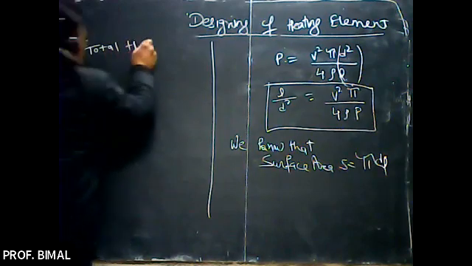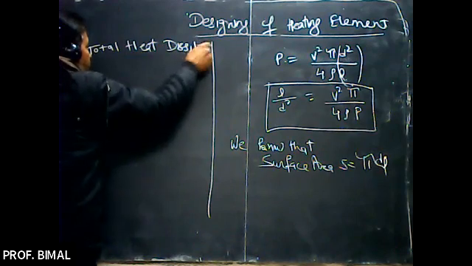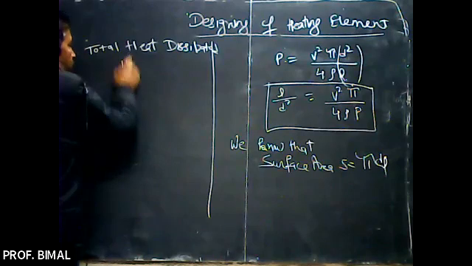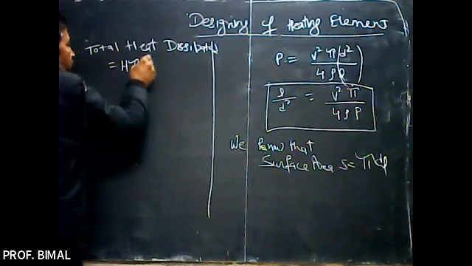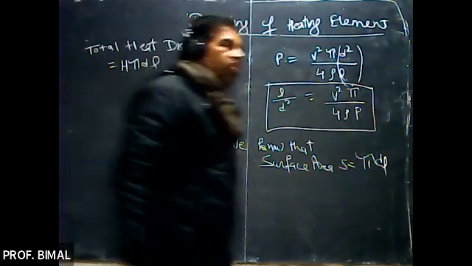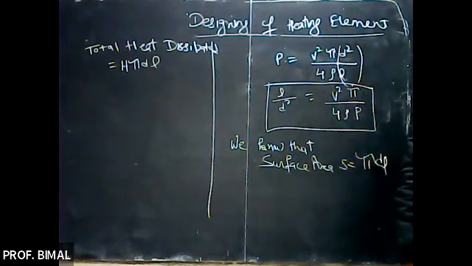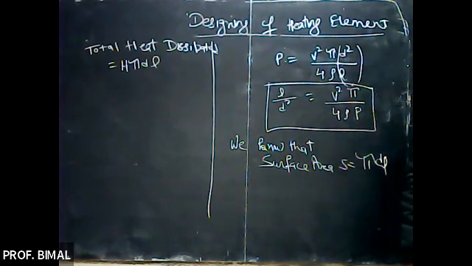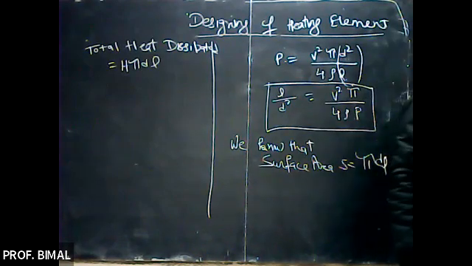Total heat dissipated will be given by H into pi dl. H is what? That will be from Stefan's formula, right? H may be calculated from Stefan's formula.